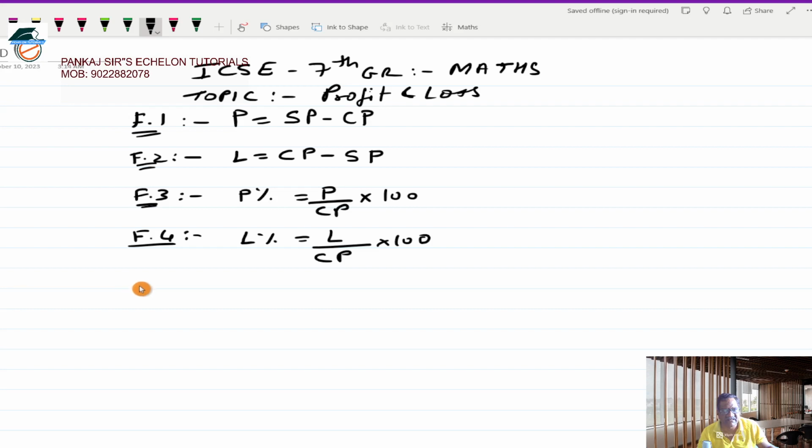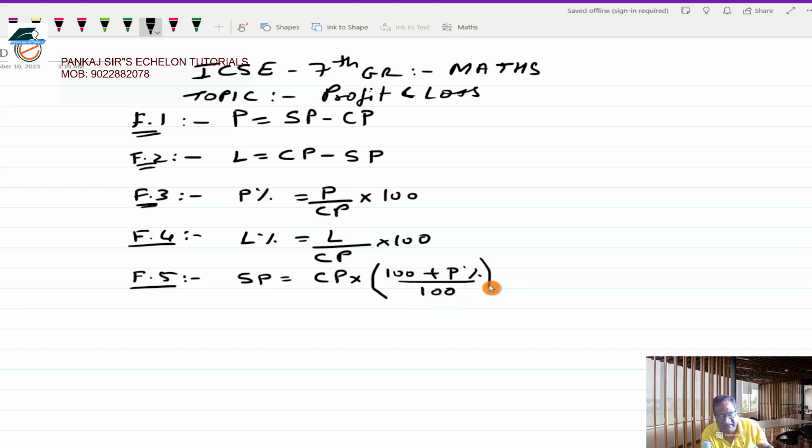And then I had also discussed these formulas. Formula number 5 should be regarding selling price and the profit percentage. The formula was selling price equal to cost price times, in the bracket, 100 plus profit percentage, divided by 100.